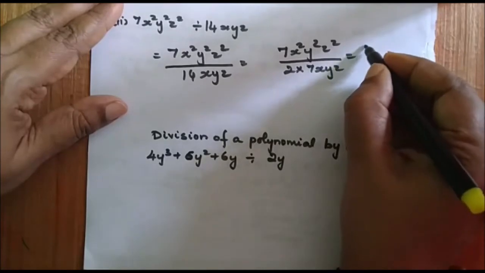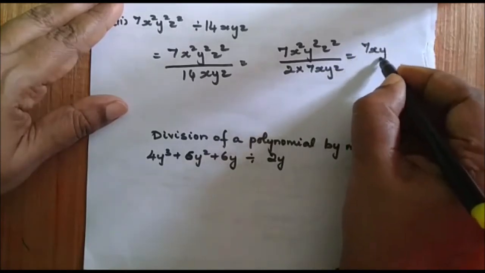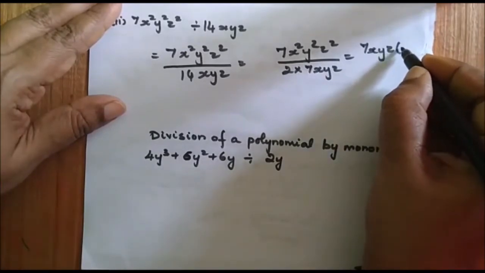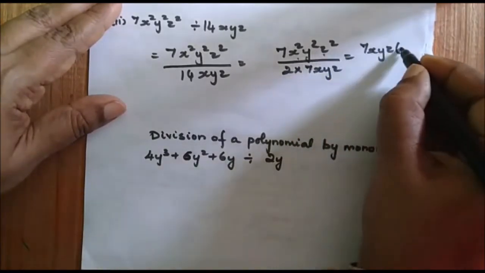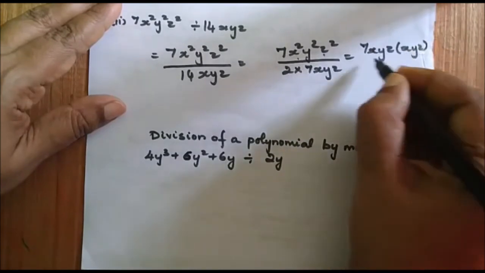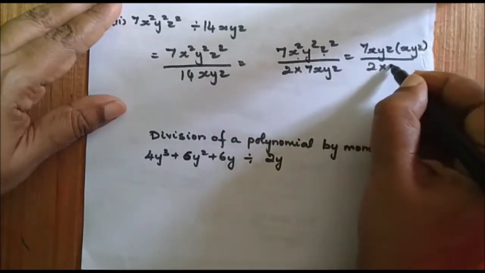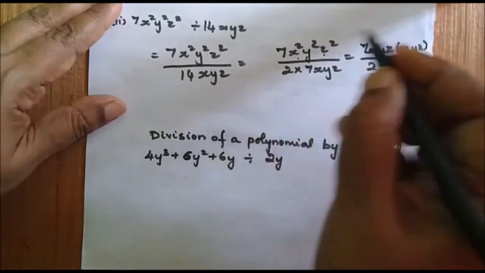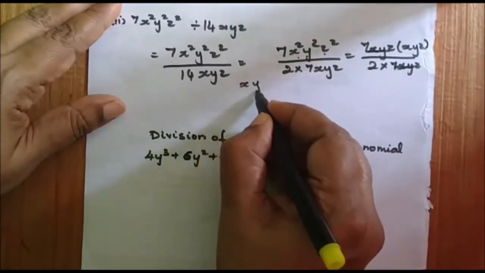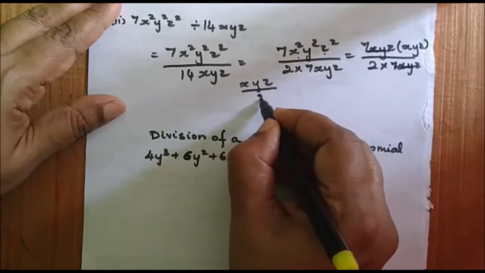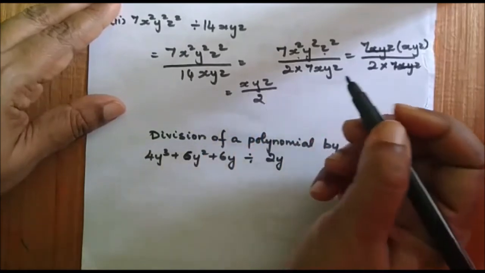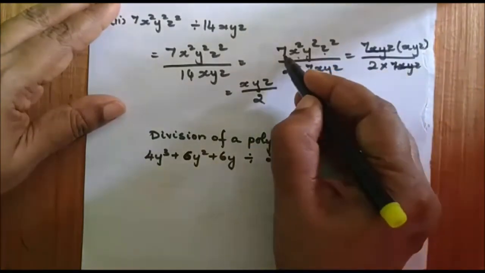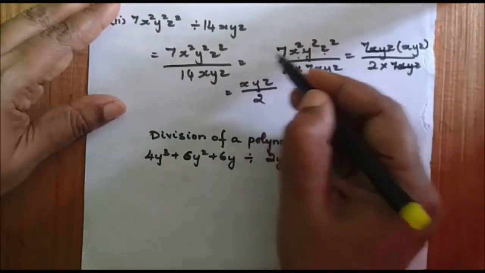So I will take out 7xyz from this term. I get, what do I get? I get x, y and z, divided by 2 into 7xyz. So both the terms will get cut. I get xyz by 2. I hope you get this answer. I hope you understood how we did this. I removed 7xyz from this.